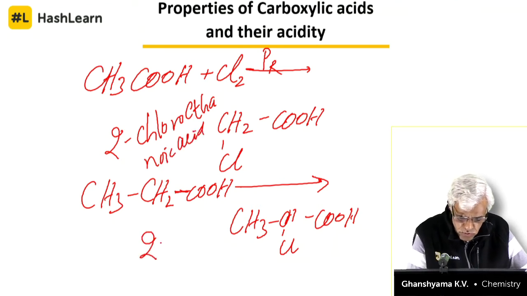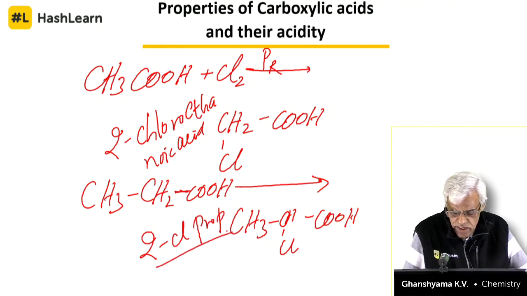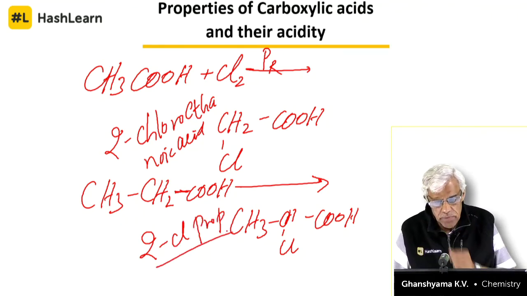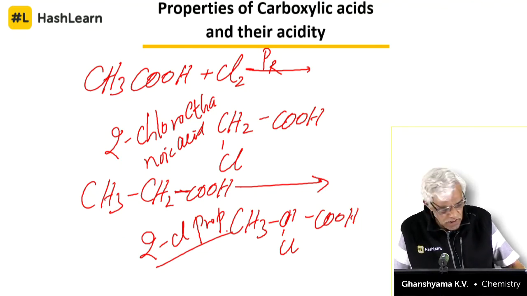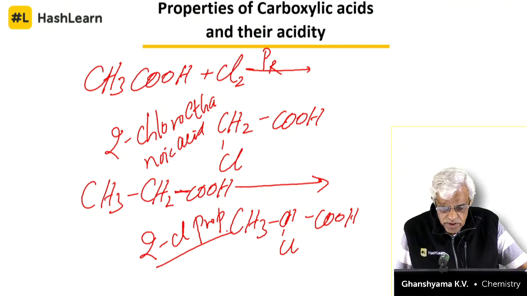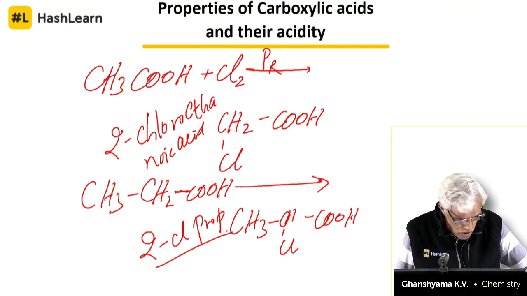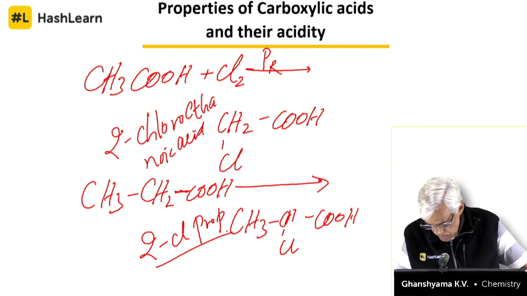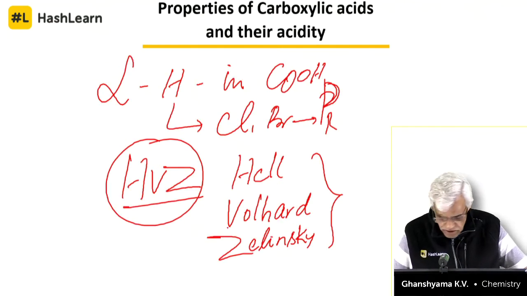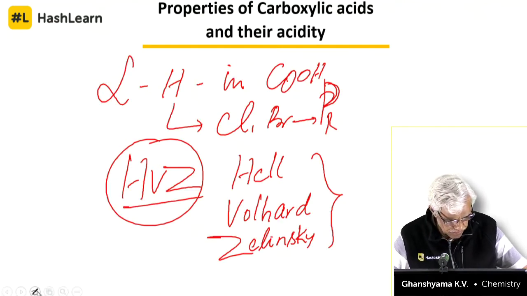This is 2-chloropropanoic acid, propanoic acid. So, replacement of the alpha hydrogen atom by chlorine in presence of red phosphorus is called the Hell-Wohlhard-Zelinsky reaction.